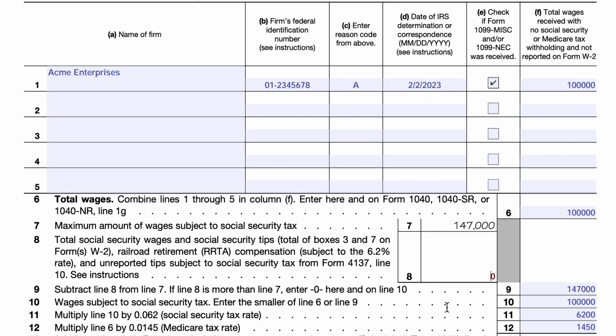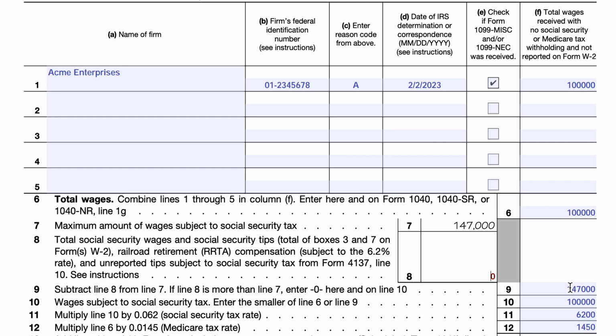In line 9, you would subtract any W-2 income that you've already reported or that has been reported for you from this $147,000. Since that number is 0, we're entering $147,000. In line 10, we're going to enter the smaller of either line 6 or line 9. And this is the Social Security wage-based limit.